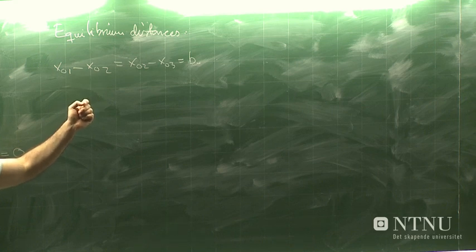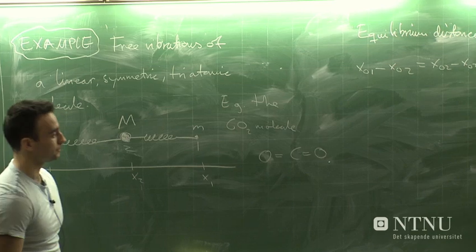Assume that in equilibrium, the distance between the oxygen and the carbon atoms is denoted B. So that will correspond to x01 minus x02, which should be equal to x02 minus x03. The distance between these two points.